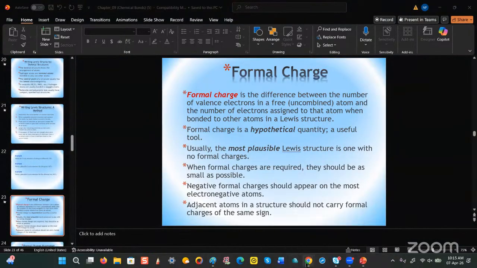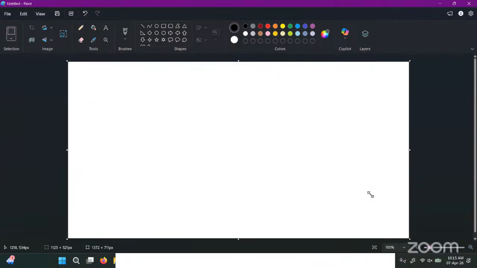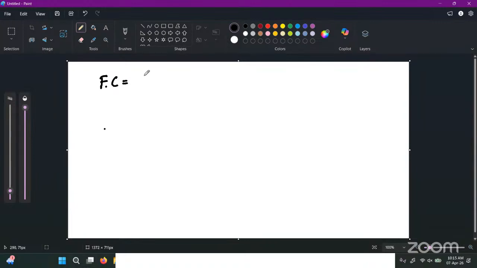And that formula is here. Okay, so the formula that I use for the formal charge is: formal charge is equal to the group number minus half the number of bonding electrons minus the number of non-bonding electrons.